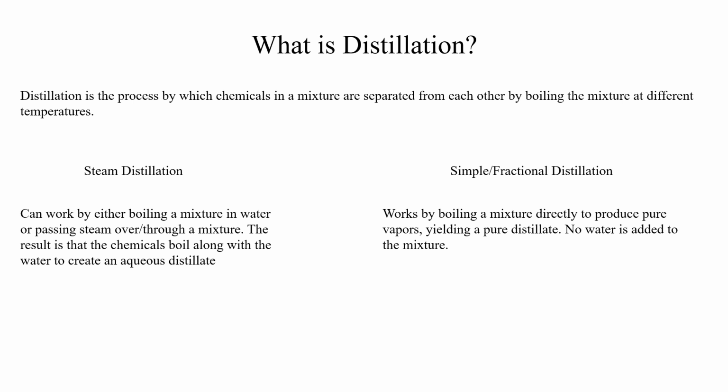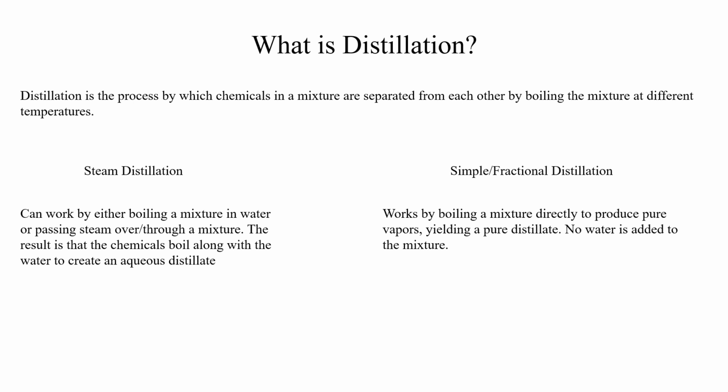We're only going to be focusing on these two, simple and fractional and steam, with the main focus being on steam. Now, simple and fractional distillation is very simple in how it works. It works by boiling a mixture directly to produce pure vapors, yielding a pure distillate.